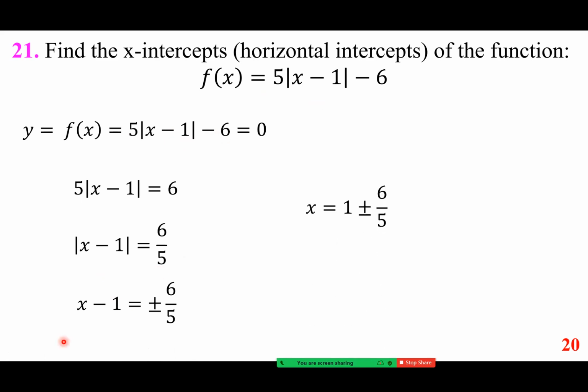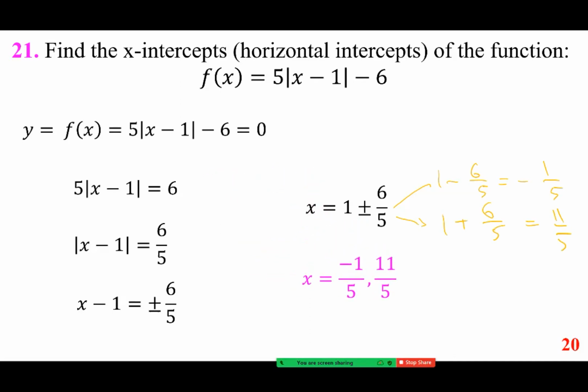Now I have 1 minus 6/5, which is -1/5, and 1 plus 6/5, which is 11/5.